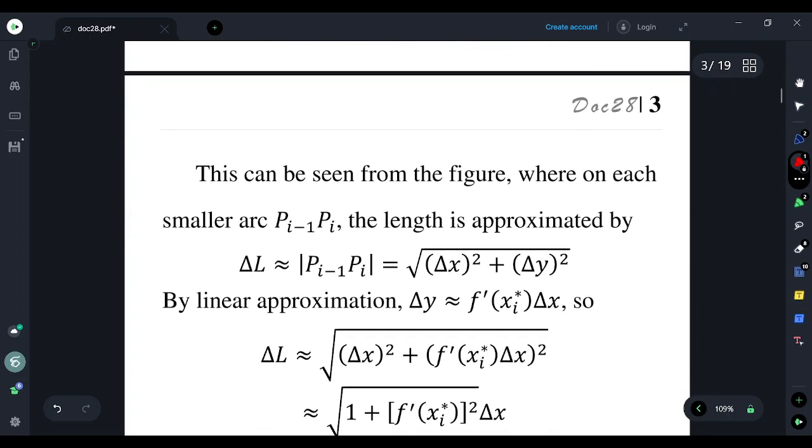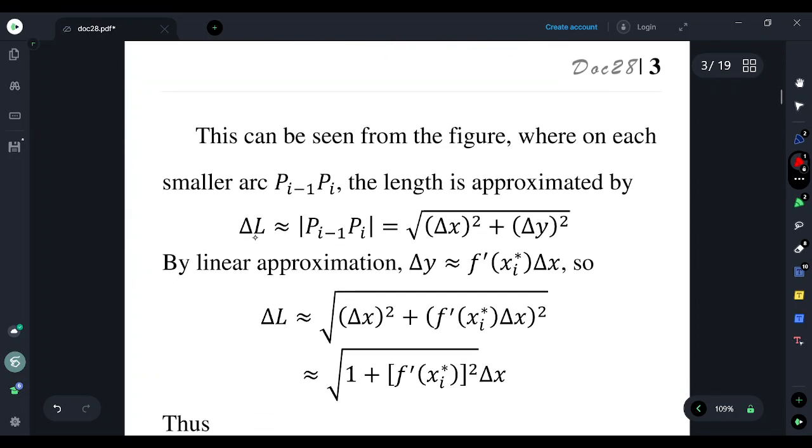And from the figure, as I said, we are going to approximate the small arc length by the length from P_{i-1} to P_i, and then by Pythagoras, this is equal to the square root of delta x squared plus delta y squared, right?